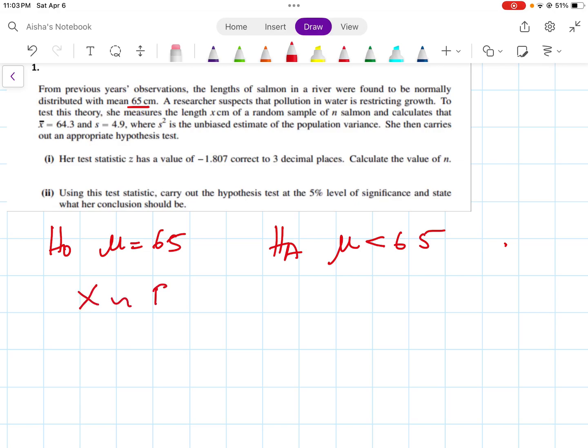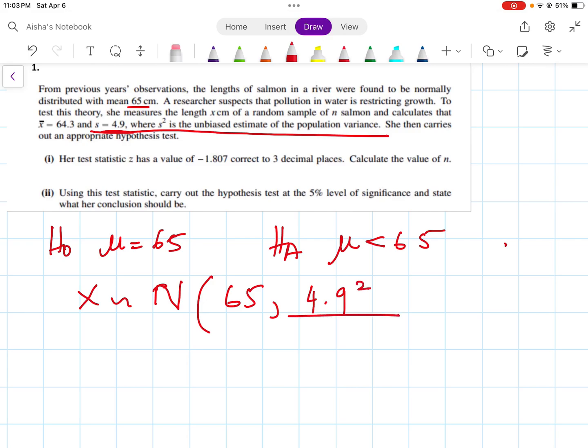Now she then carries out, so normal distribution means going to be 65, comma, this is the unbiased estimate of the population variance, divided by, do we have any sample size? The sample size is n. So whenever we are moving from population to sample and we want to map that, the mean remains the same, but the variance is to be divided by the sample size.